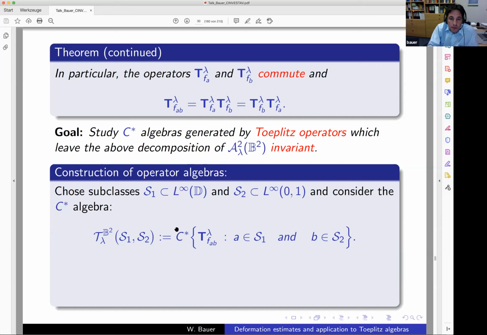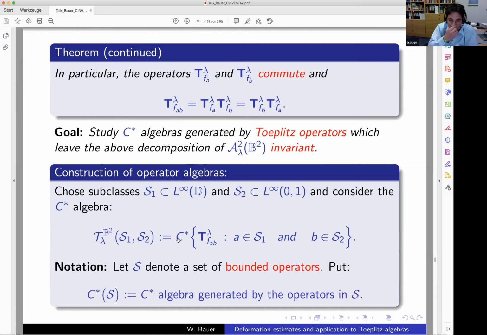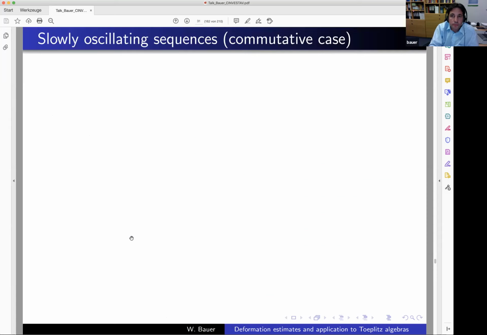And then we look at the C-star algebra which is formed by all these operators. And this C-star algebra is denoted by T lambda B2 S1 S2. And it, of course, depends on these two sets here. Okay, this is just a notation. C-star of something is the C-star algebra generated by this set of operators here. And the question is, what can we say about the structure?